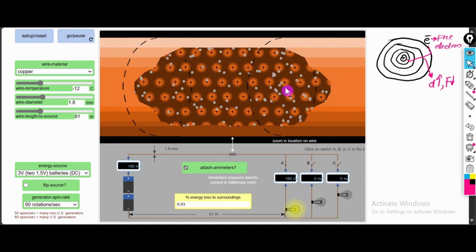Here these free electrons are moving from left to right, and during their motion it is possible that a free electron may collide with these positive copper nuclei, the copper atoms, and there is also a possibility that a negative free electron collides with another free electron.